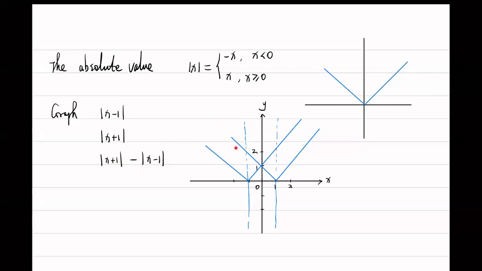So the difference is a constant. At this point, when x is -1, this will be 0 minus 2, which is -2.